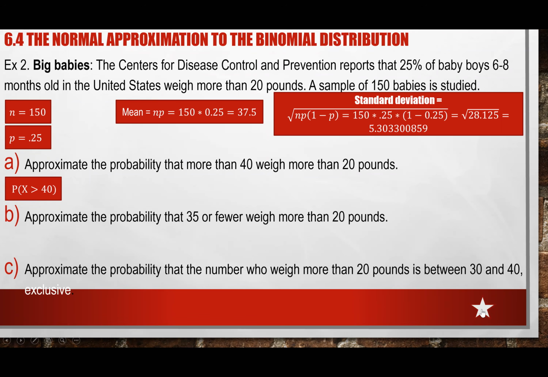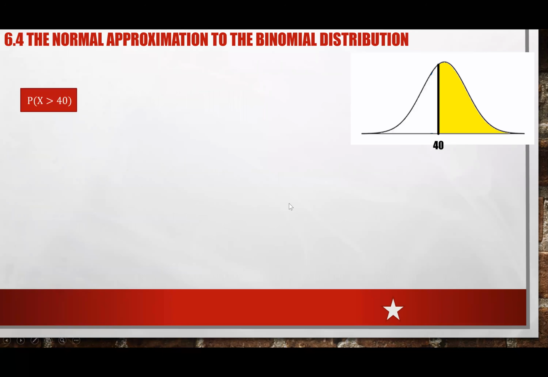So in this case, what do we have? Like I mentioned to you guys, identify, sketch your item, and identify what area we're looking for. Do you agree that anything to the right of this 40 is greater than or more than 40, right? So again, greater than, more than, less than, you have to ask yourself which area we are looking for.